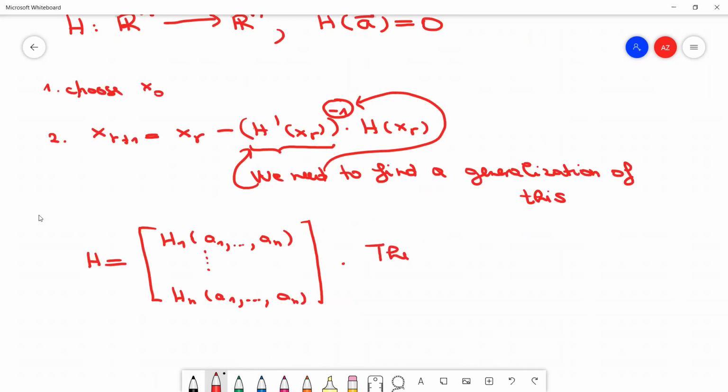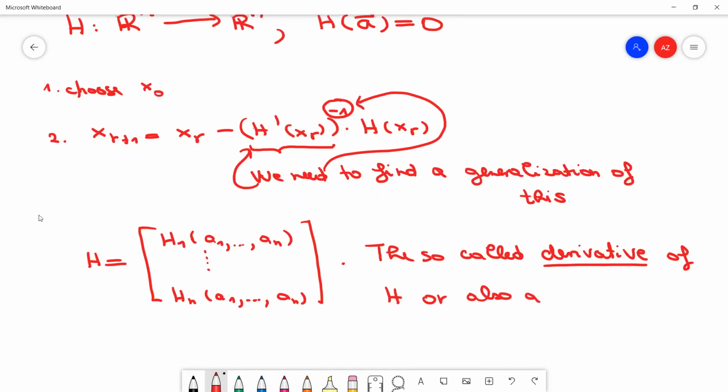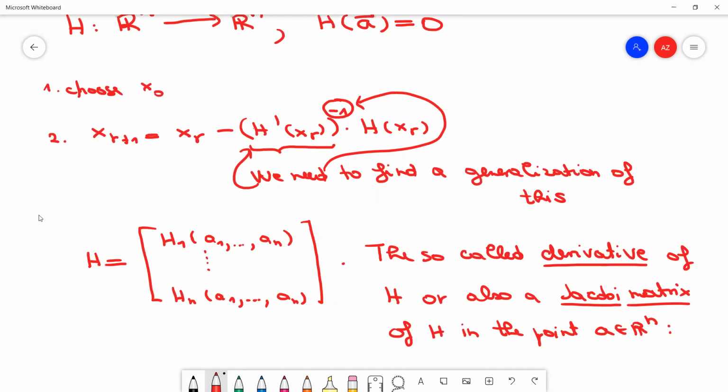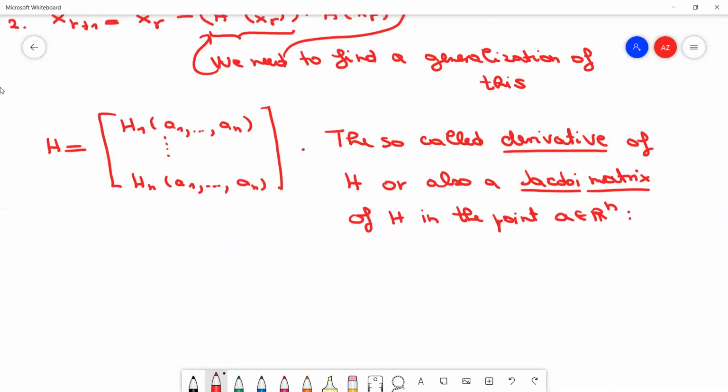So the so-called derivative of h, or also the Jacobi matrix of h in the point, we have to fix the point, in the point a in R^n, is the following matrix: D of h in the point A, or also J of h in the point A. It is the same thing.